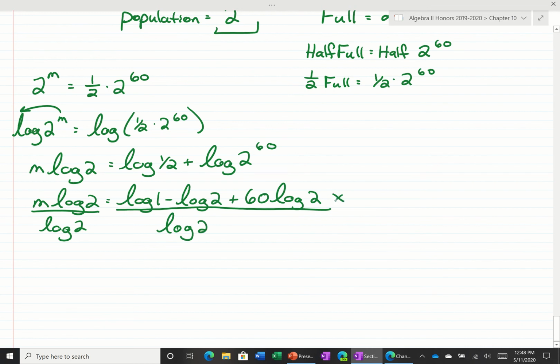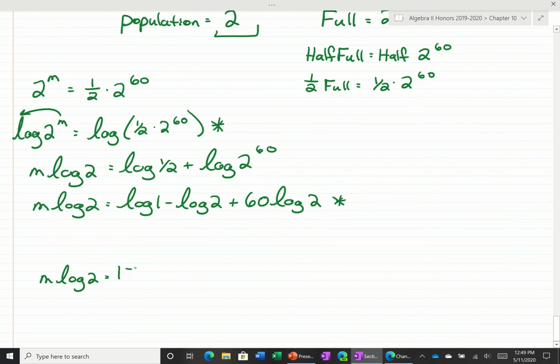We didn't really have to do all this. We could have just typed in log of 0.5 times 2 to the 60th. I just wanted to give you a refresher on the properties. So I'm going to type in the log of 0.5 times 2 to the 60th, and that comes out as 17.7608.